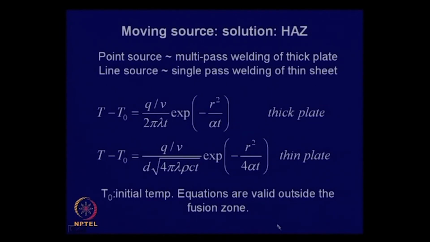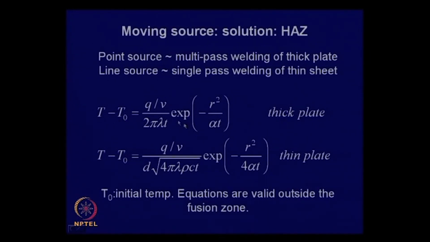It is possible to obtain some solutions under certain boundary conditions. If we assume a point source, it usually represents multi-pass welding of thick plate. We will see in a little while why. A line source will represent single-pass welding of thin sheet. If you solve these equations in r, theta coordinates, say in cylindrical coordinates, this is the nature of the solution that you expect for thick plate.